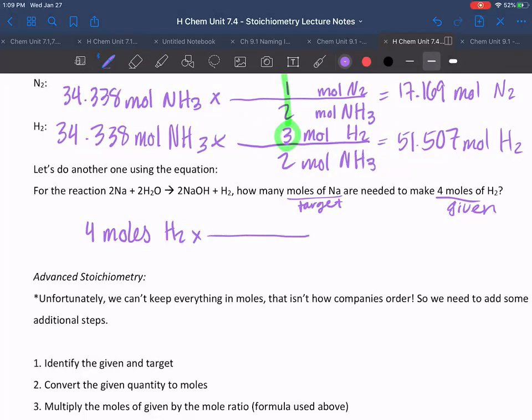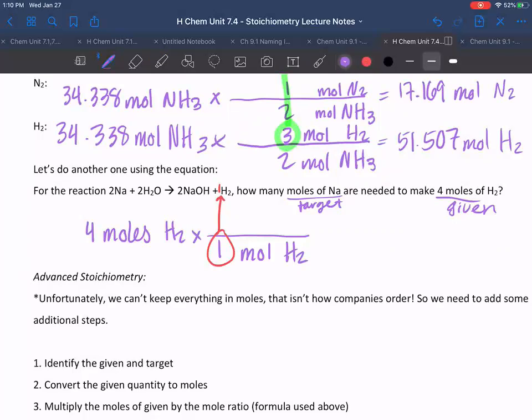What should I put as the bottom part of my molar ratio here? What are we canceling out? H2. And so how many moles in our equation are there? What's our ratio from the equation? If there's no coefficient in front, you put a what? 1. So there's 1 mole of H2. So I'm getting this 1 from the chemical equation here where the imaginary 1 would be.